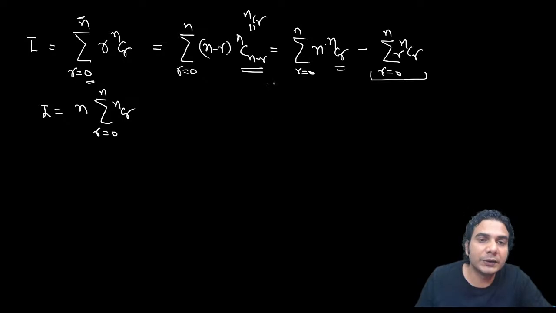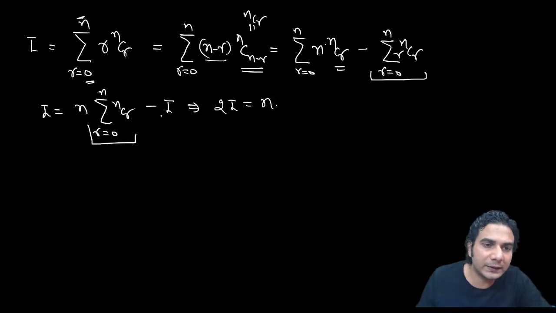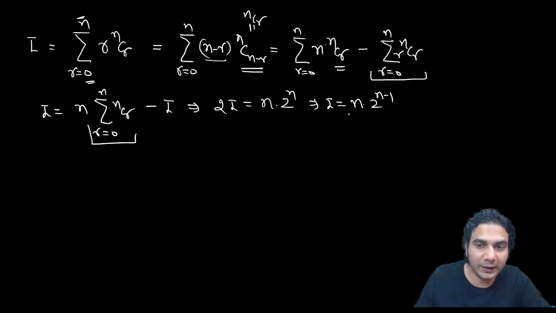This will remain n minus r, but nC(n minus r) will again be replaced by nCr. Minus this is nothing but I. So from this equation you'll get 2I is equal to n into, we know the value of this, that is 2 raised to n, and then you get I is equal to n into 2 raised to n minus 1.